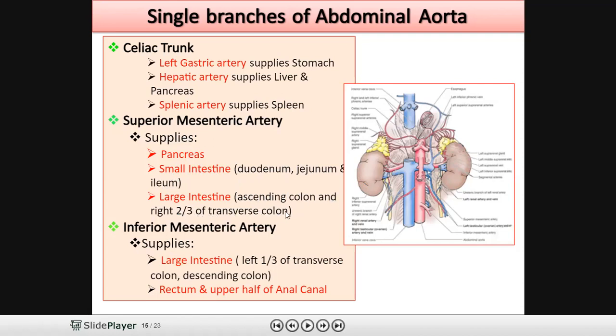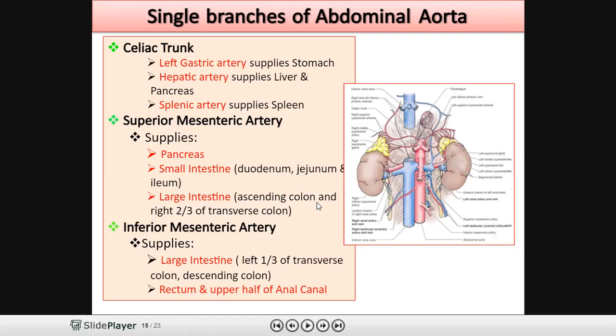So remember, your large intestine has an ascending colon, a transverse colon, a descending colon, and a sigmoid colon. But only the ascending colon and the right two-thirds of the transverse colon are supplied by the superior mesenteric artery.